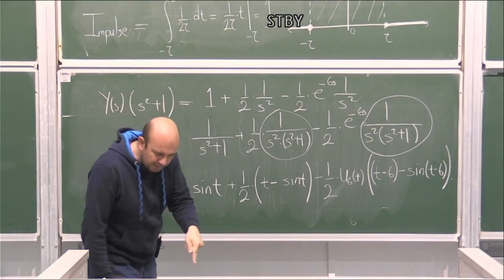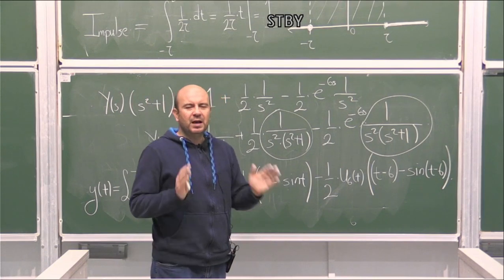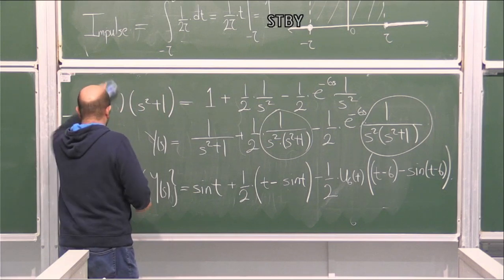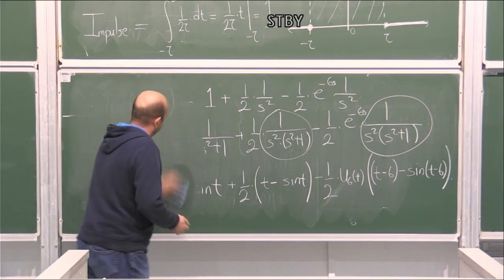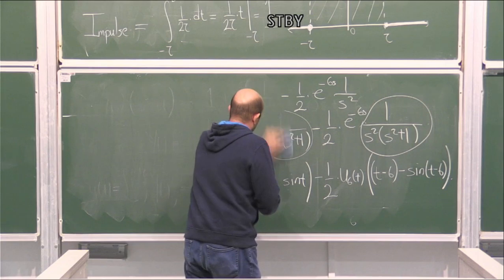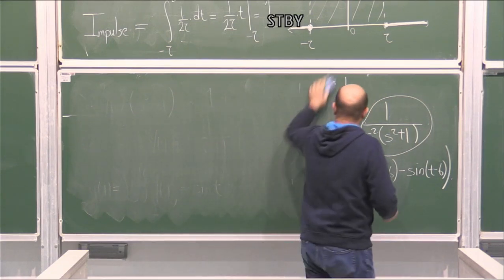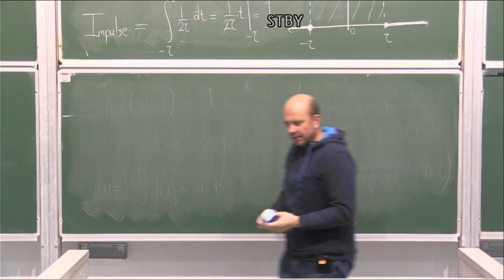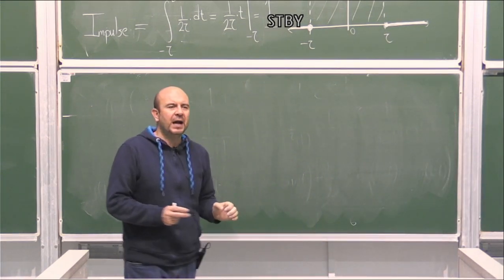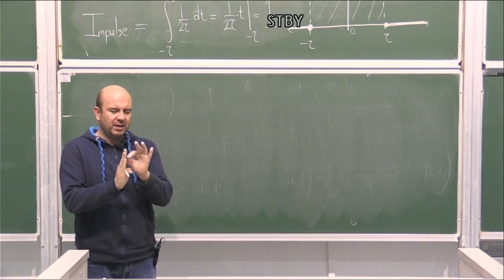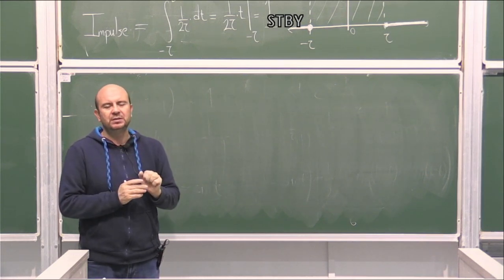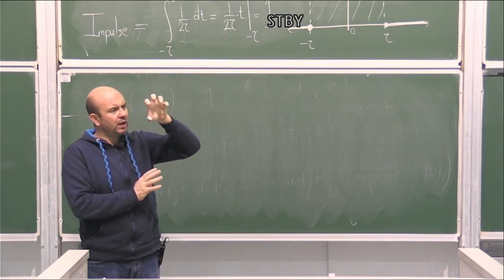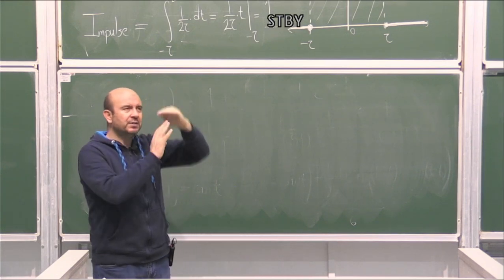Now, I want to give the same impulse to the system, but I want to make my time interval shorter. So if I make tau smaller, then the interval I'm applying the force is getting shorter. But when I make tau smaller, 1 over 2 tau gets bigger.